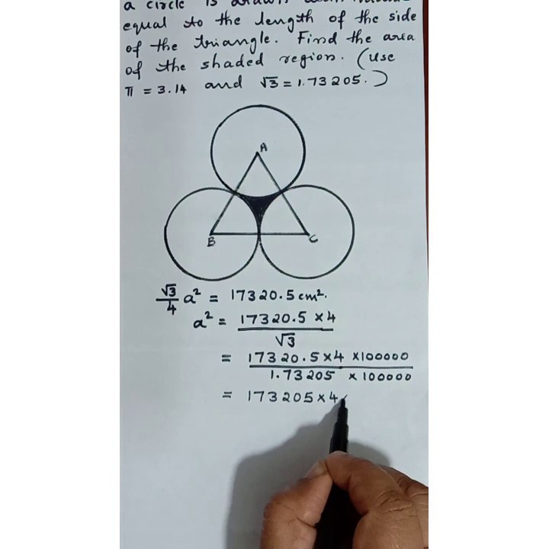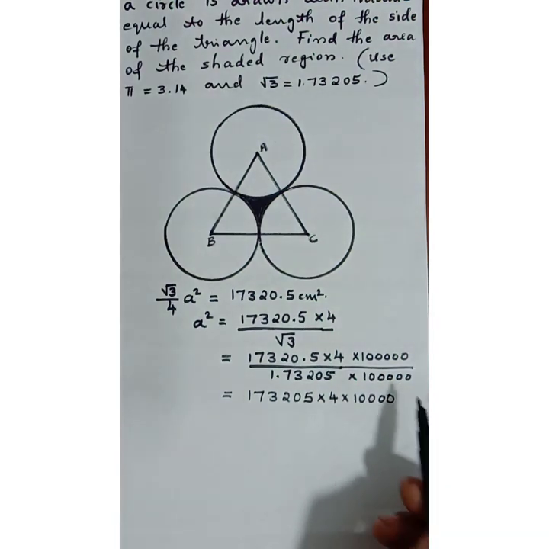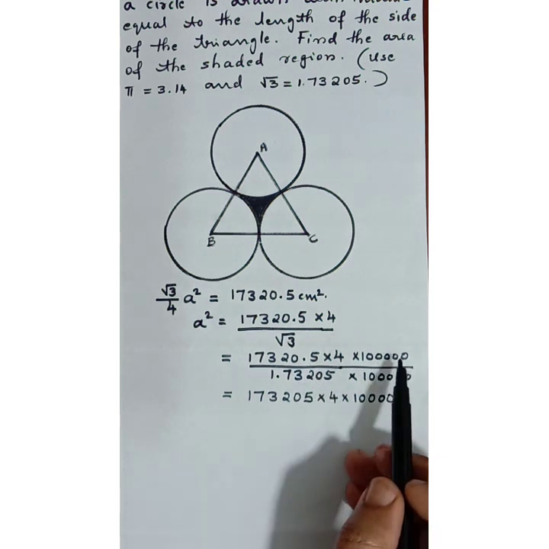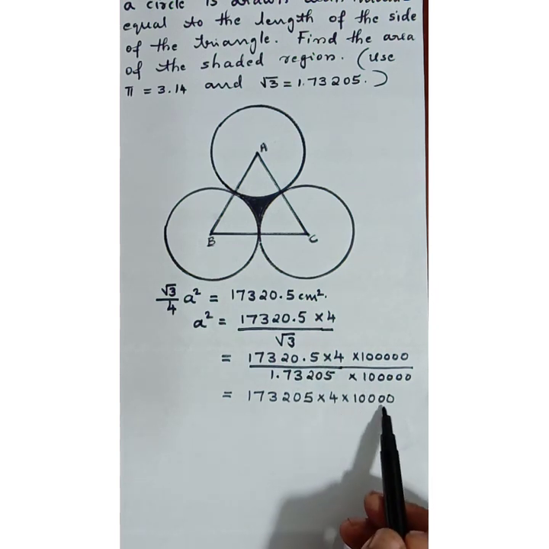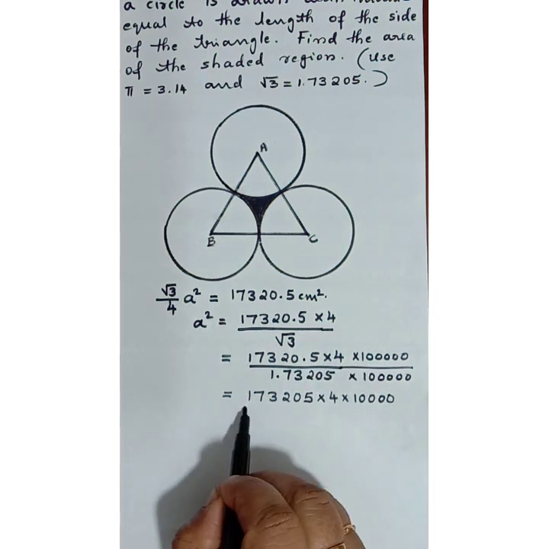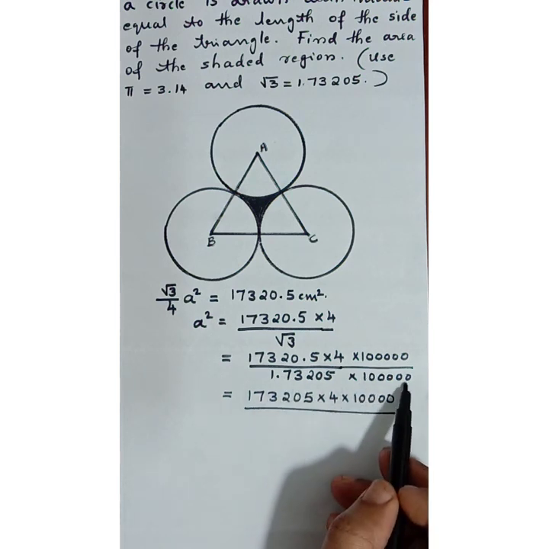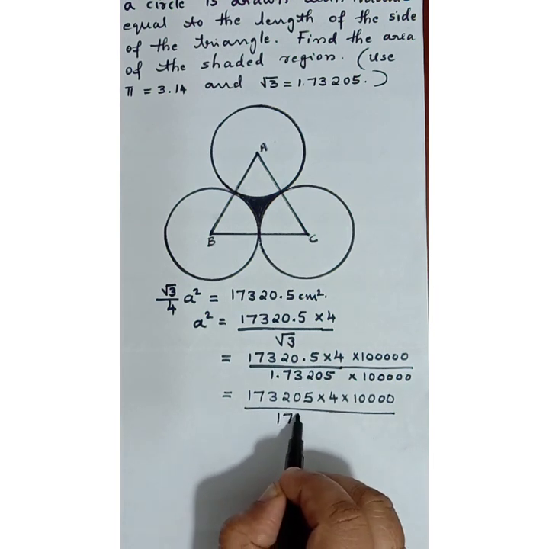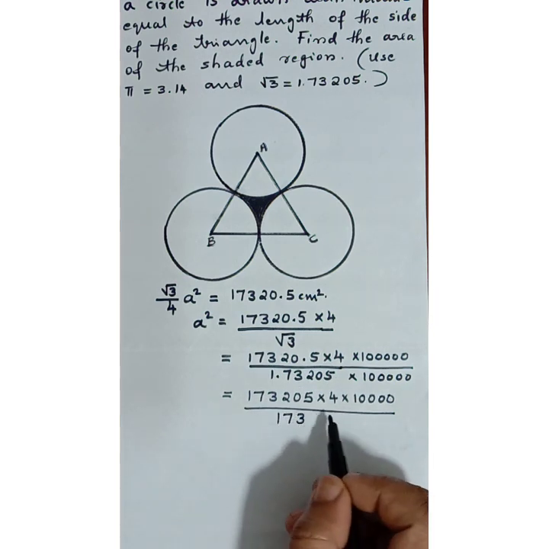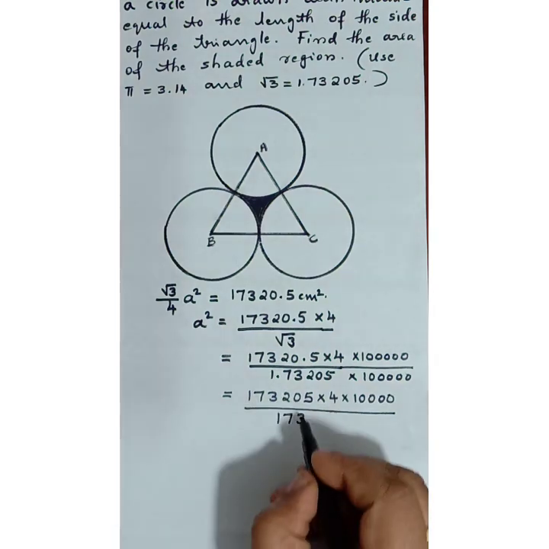So I'll be writing it as 10,000 here. 10 I have used for moving the decimal one place right, and the rest, 10,000, I have written here, divided by this 1 lakh completely used for multiplication. So we are getting the number 1,73,205.